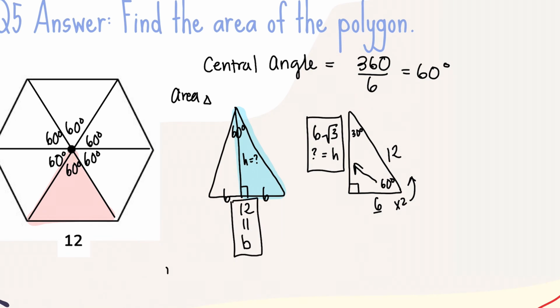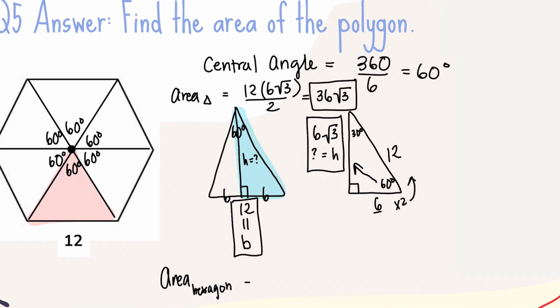Okay, so now I'm going to find the area of my triangle, and then I'm going to find the area of my hexagon after. The area of a triangle is my base, which is 12, times my height, which is 6 square root of 3, and I'm going to divide that all by 2. So 12 times 6 is 72. 72 divided by 2 is going to give me 36, and then I just got to add the square root of 3 in.